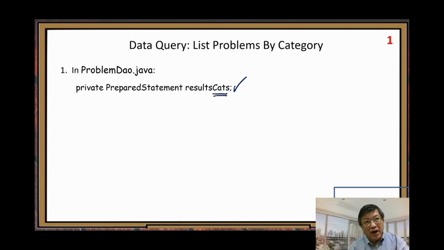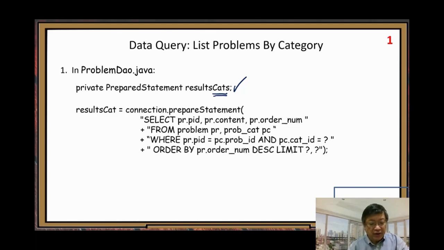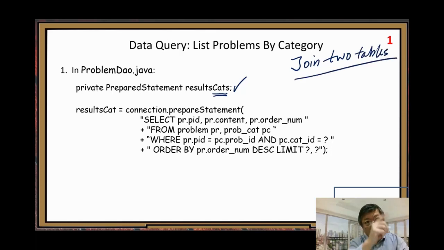How to define this query statement? You can see it's pretty complicated because here we need to join two tables. Here I talk about the table join operation, join two tables. We need to do that. We have two tables. The first one, the problem table.